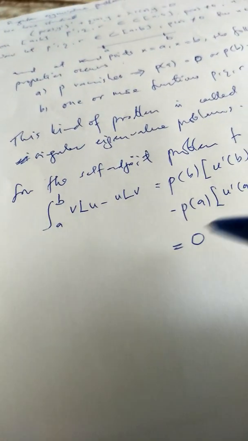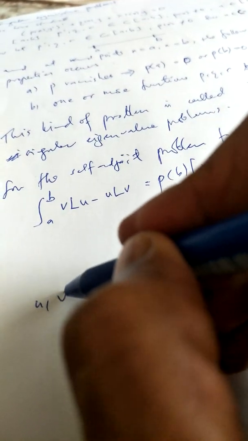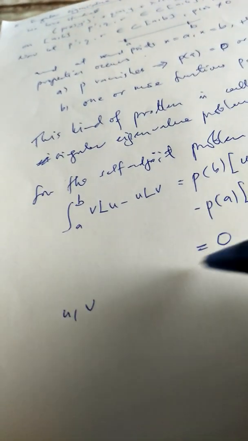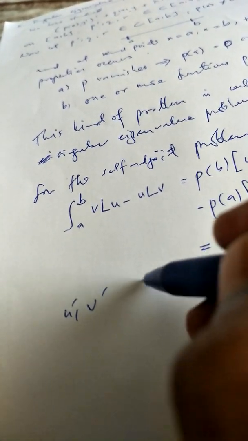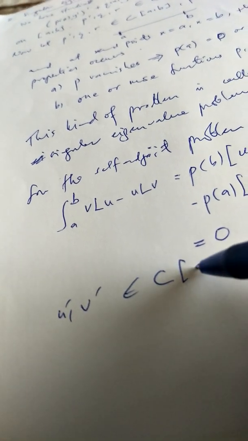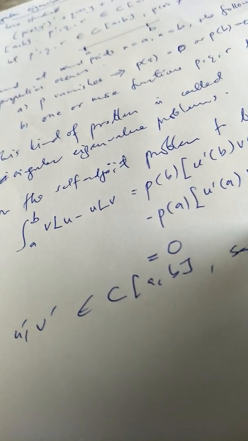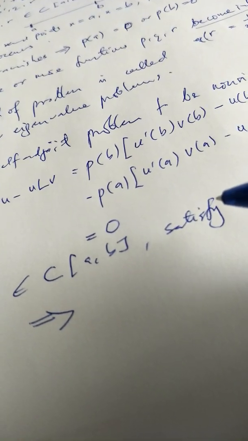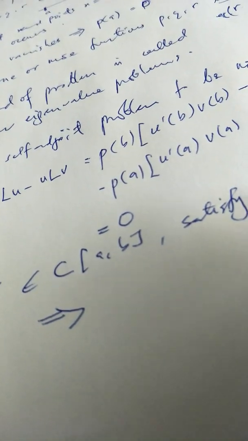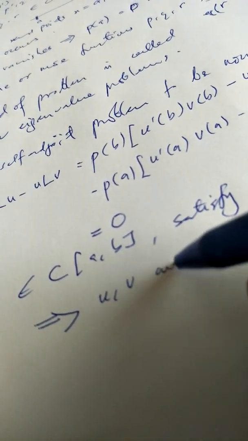Okay, so this must be true, and the functions u, v, if you differentiate them, are still continuous on AB, and also satisfy the given boundary condition. So in this case, it ensures orthogonality. If you have this kind of self-adjoint problem, then u and v are orthogonal.